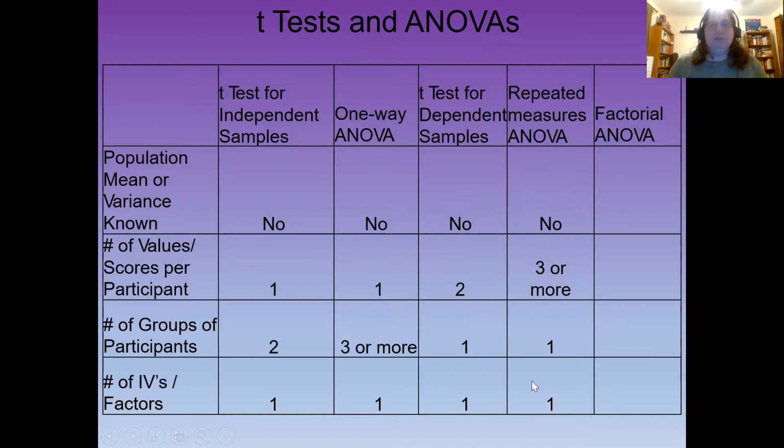In every other respect, those 2 columns are the same. All right. So next we're going to move on to the factorial ANOVA. We'll spend a little bit of time talking about what that looks like, and then we'll move on to the remaining types of ANOVA just to get a handle on what they would say.